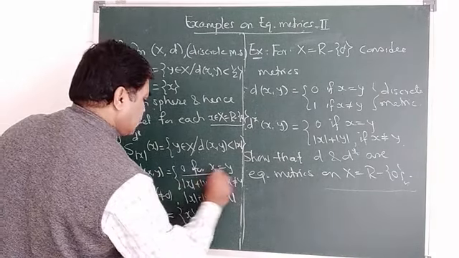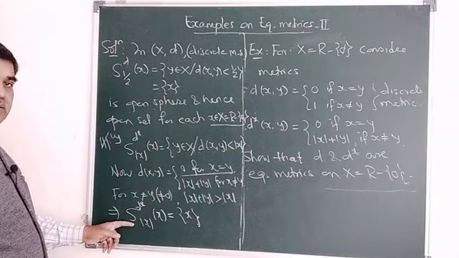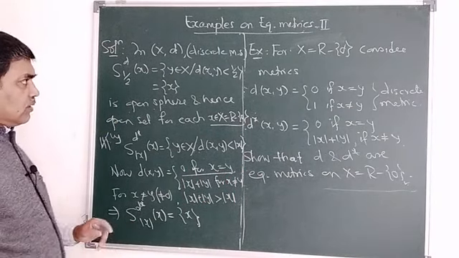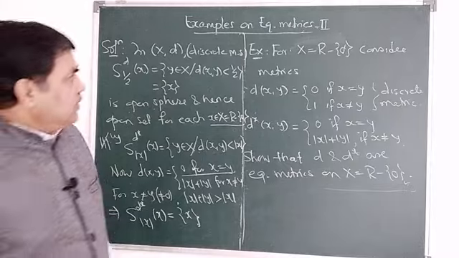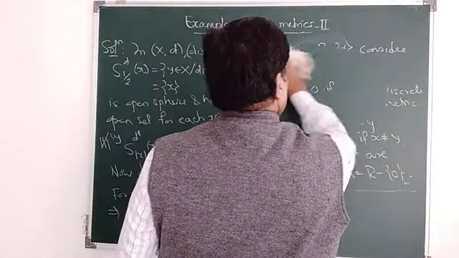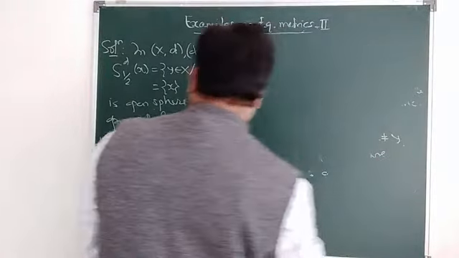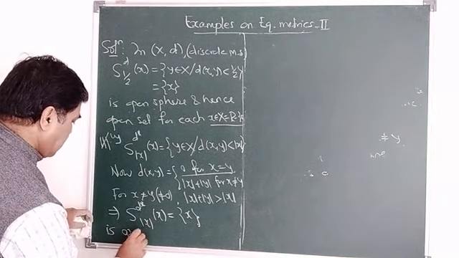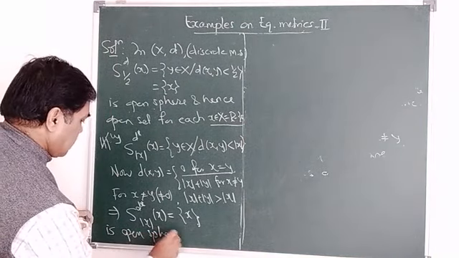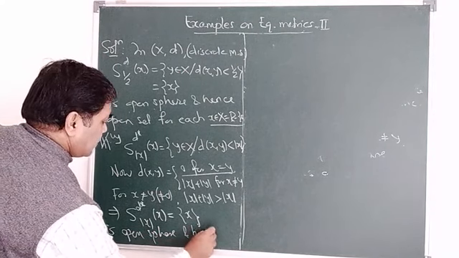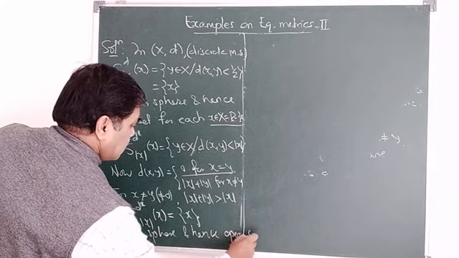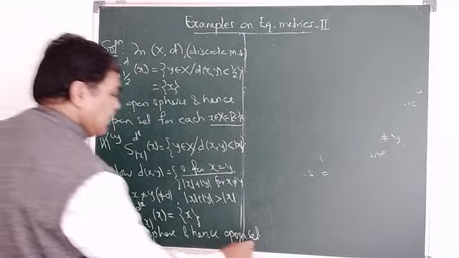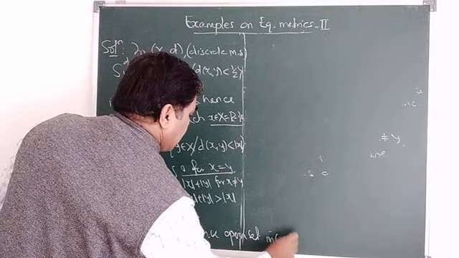Only this case is possible. The other is not possible. So what we proved here is that it is an open sphere and hence an open set in x D star.